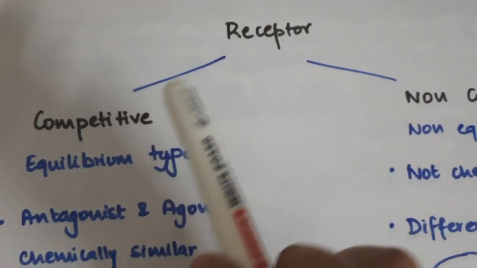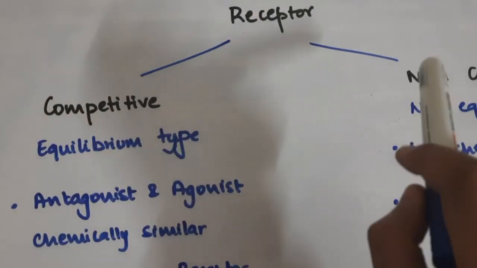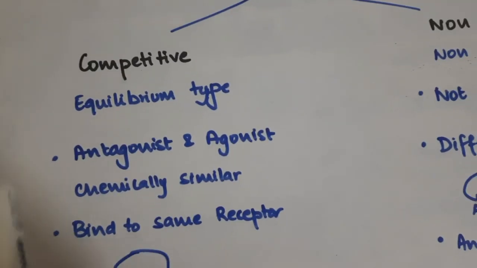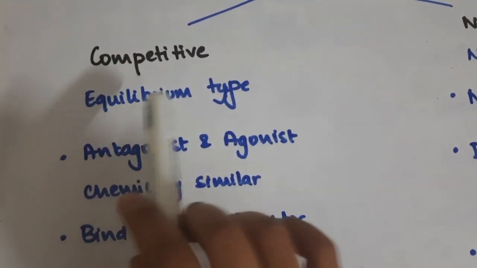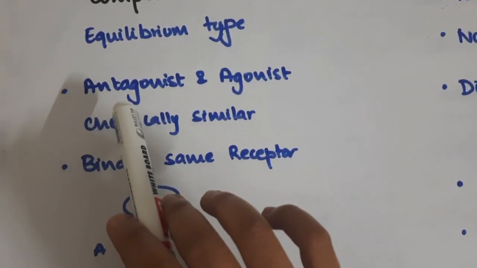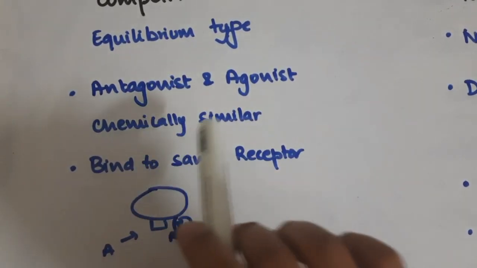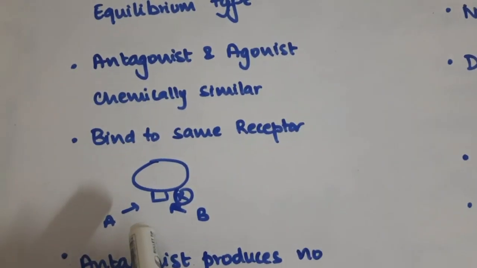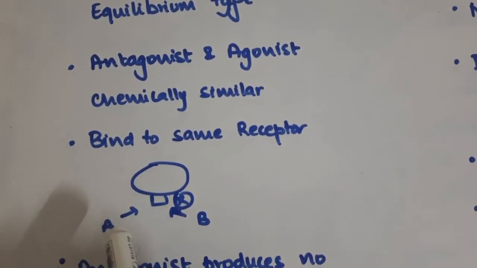Receptor antagonism can be of two types, competitive or non-competitive. Let us look at competitive antagonism first. Competitive is an equilibrium type of antagonism. What happens here is that the antagonist and the agonist are chemically similar. So they are both similar compounds and they will bind to the same receptor.